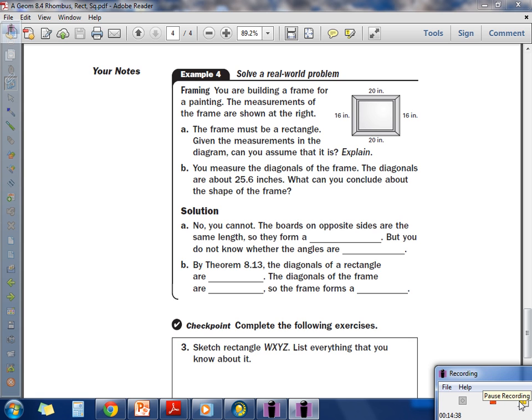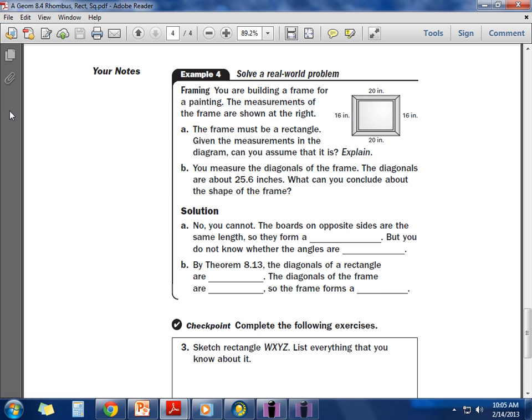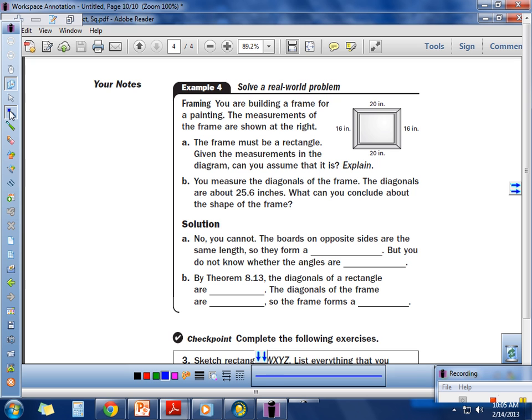On example 4, it says you're building a frame for a painting. The measurements of the frame are shown at the right. The frame must be a rectangle. Given these measurements, can we assume that this shape is a rectangle? All right, given the measurements, we only know stuff about the sides. We only know opposite sides are congruent. Not all sides are congruent.